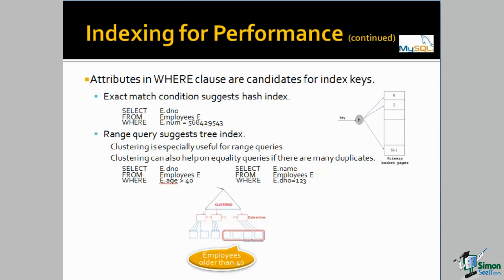Recall that a clustered index organizes the data within the table. So it acts on the table itself, organizing the data based on the index key value. In the case of a clustered index, the index key value is the primary key of the table, so that the table data will be organized based on the value of the primary keys. This is especially useful for range conditions within the where clause and equality conditions.